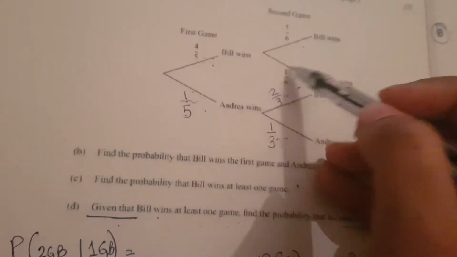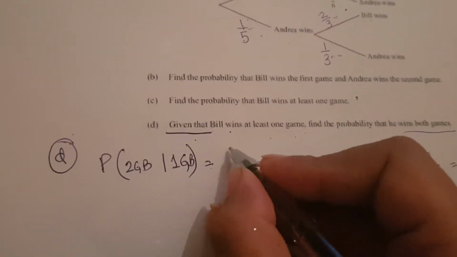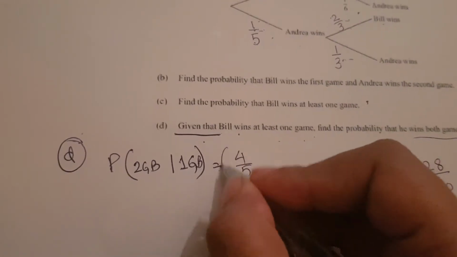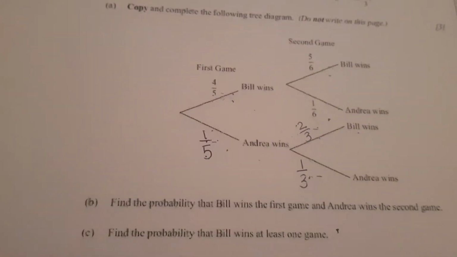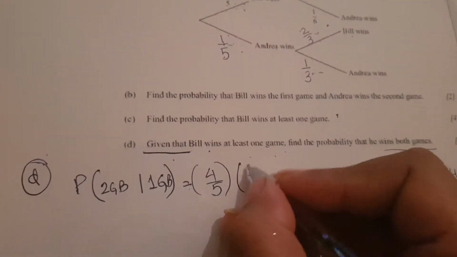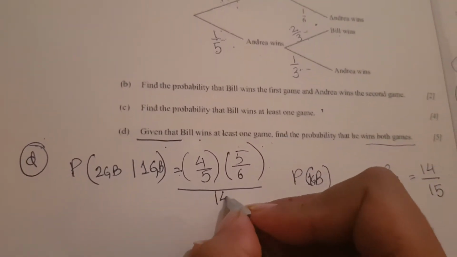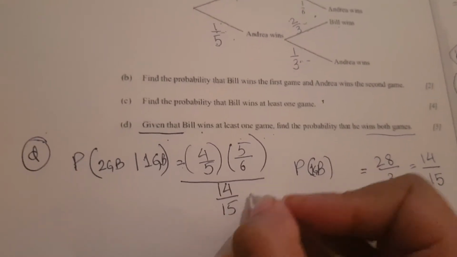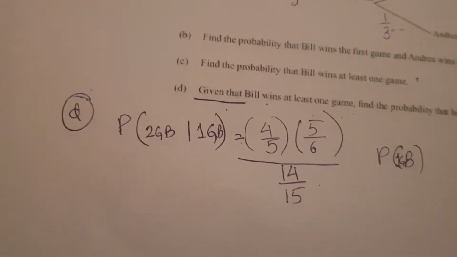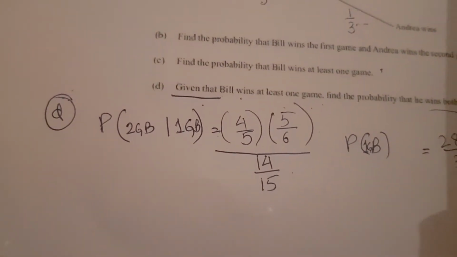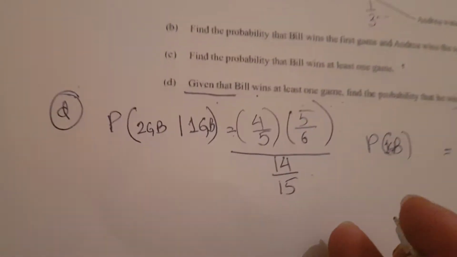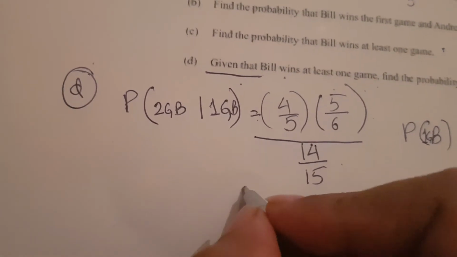So I'll multiply 4 over 5 with 5 over 6 and divide it by 14 over 15. Let's simplify.